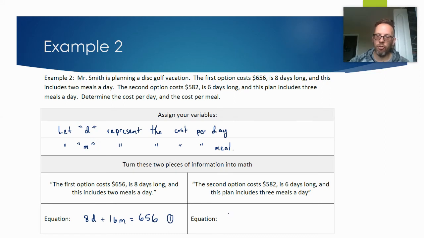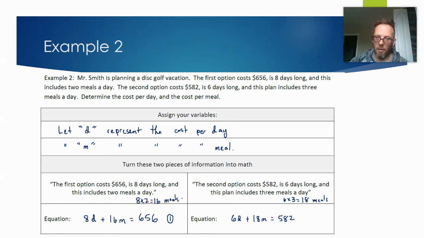For our second equation, if you made that mistake in equation 1, you can pause and maybe fix up equation 2 before I write it down. So for the second equation, 6 days and 18 meals, 3 meals a day, equals 582. So just to emphasize where that came from, 8 times 2 gave us 16 meals.